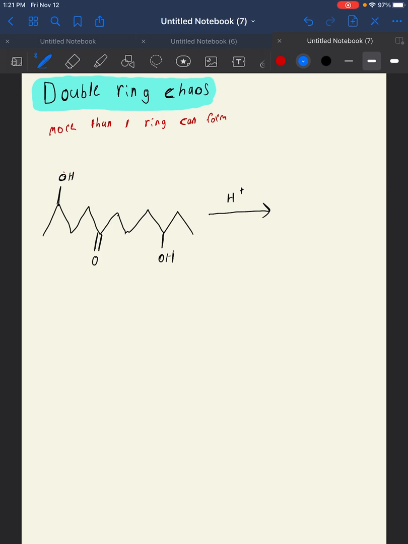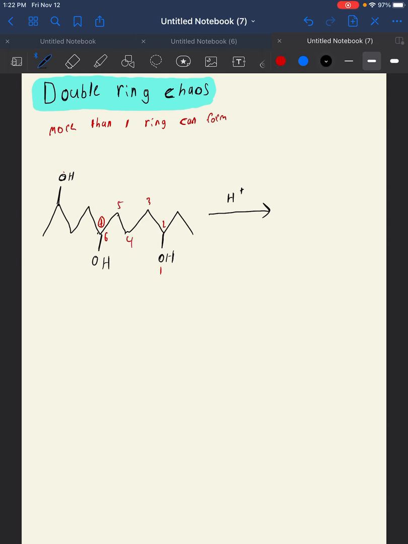So first step again, the hydrogen attaches. Then we would resonate this up, and that would leave this open. And that would give us this. Now choose which one you want to attach with first. It doesn't really matter because they're both going to end up attaching. So 1, 2, 3, 4, 5, 6.